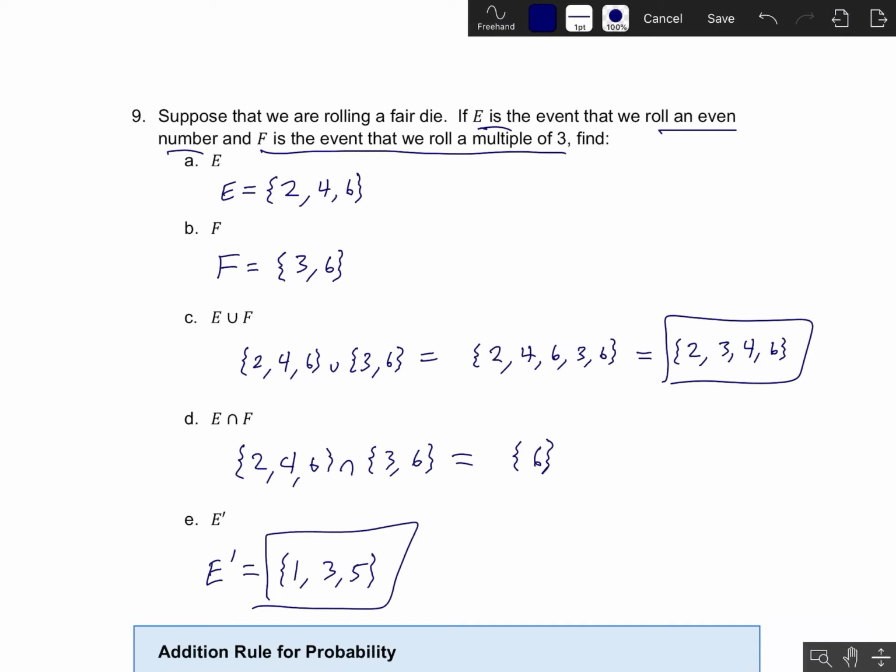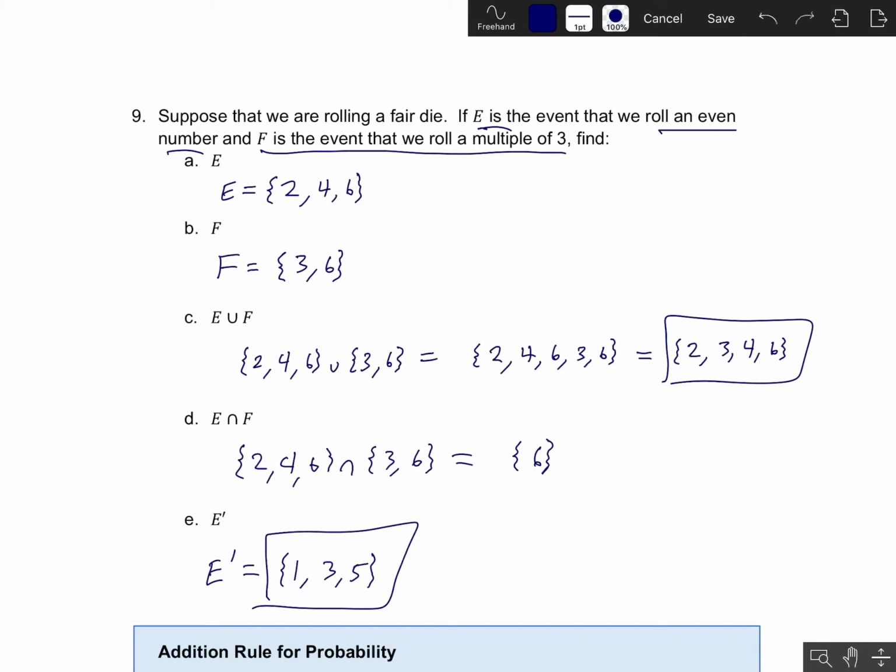But you can also take complements in terms of the original definition of the event, which is that E is an even number, or really E is the event that we roll an even number. So the complement of that event should be the event that you roll an odd number. And that I could then describe in set notation as I have done down here.